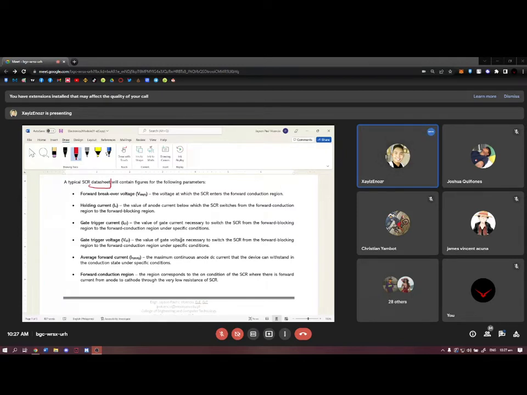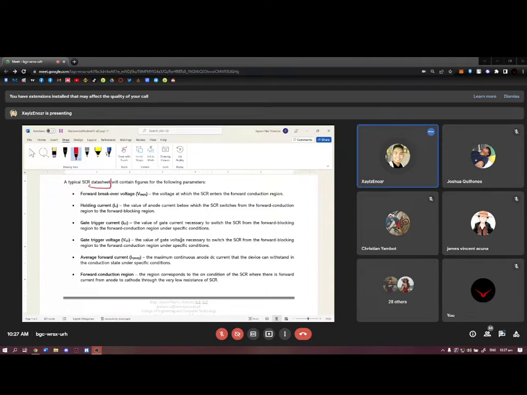First, we have yung forward breakover voltage, or VBRF. It is the voltage at which the SCR enters the forward conduction region. The forward breakover voltage, ito yung voltage kung saan yung SCR natin ay mag-enter ng forward conduction region.